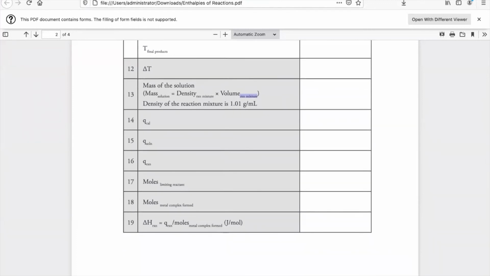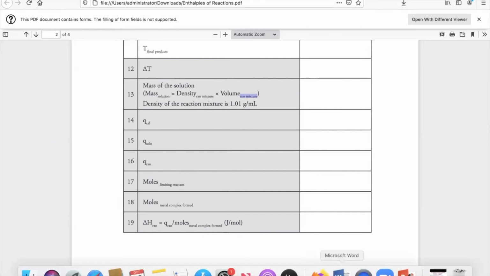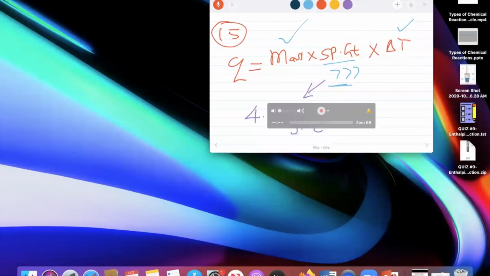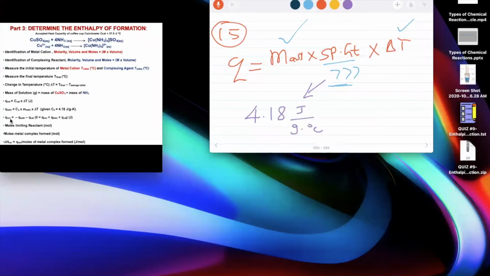The rest will be straightforward in the sense that for Q for the reaction, you rearrange this equation on the PowerPoint slide. This is the equation you need to rearrange for line 16. Q for the reaction equals the Q for the solution, which you already know, minus Q for the calorimeter. We already know the heat of calorimeter when we have that.